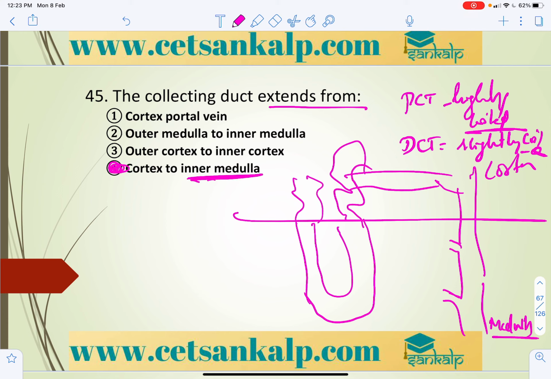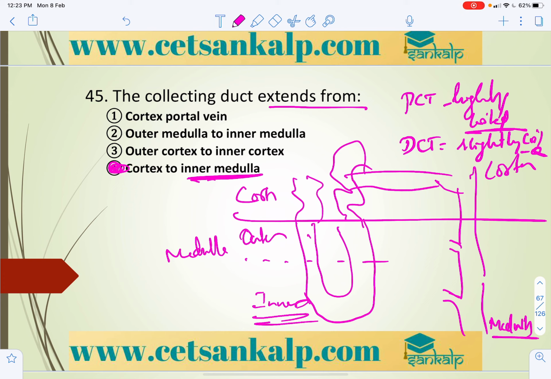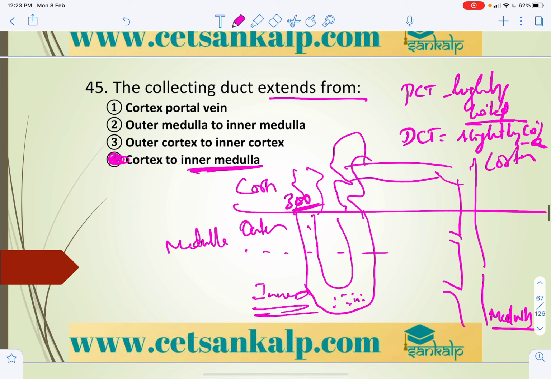Sir, what is the inner medulla? If this is the cortex and this is the medulla, we can divide the medulla into the outer medulla and the inner medulla. From outer to inner, the osmolarity increases. Outside it will be 300 milliosmol per liter, and it increases to 400 to 600 and then 800, and totally inside 1200 milliosmol per liter.